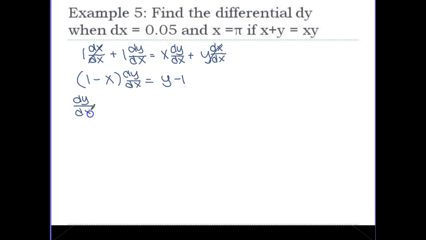So you divide y minus 1 by 1 minus x and then multiply by your dx.